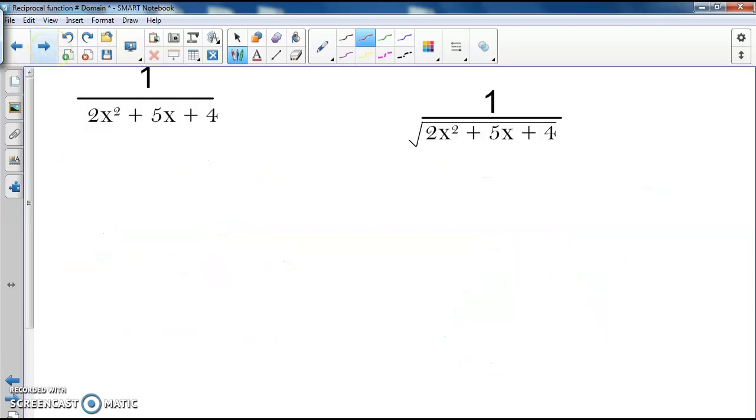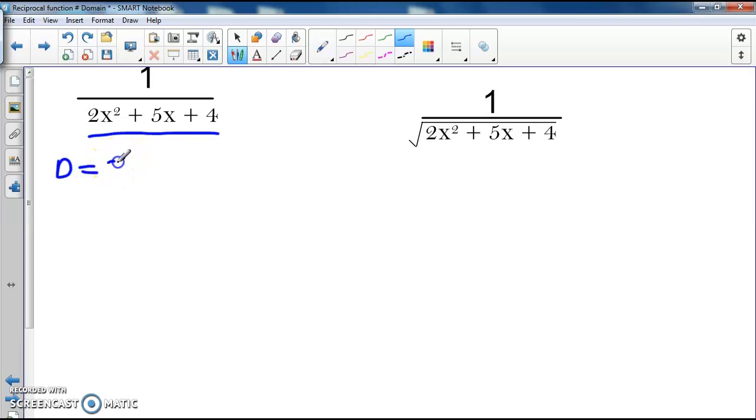Next question, 1 upon 2x square plus 5x plus 4. First of all, we check the roots of 2x square plus 5x plus 4 is equal to 0. For this, we can find its discriminant, which is b square minus 4ac.